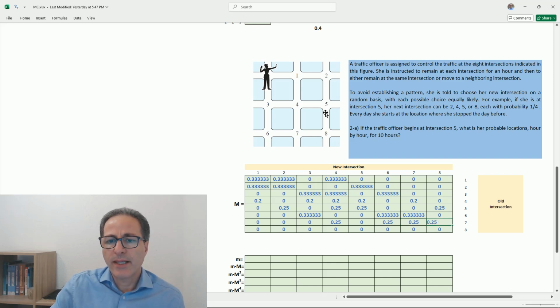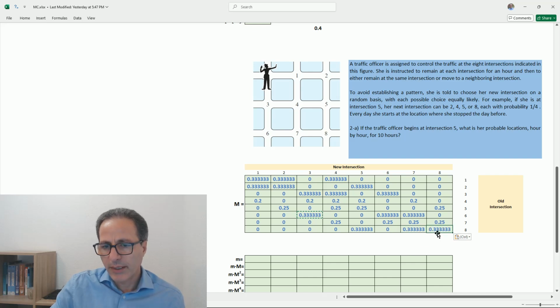And if she is at 8, there are 3 possibilities, 8 itself, 5 or 7, or 1/3. So again, I copy this, 1/3, 8 to 5, 1/3, 8 to 7, and 8 to 8.